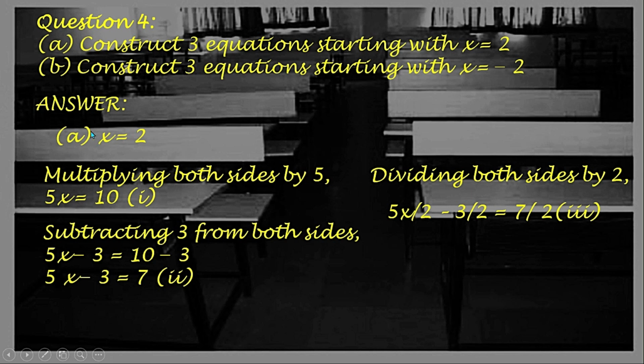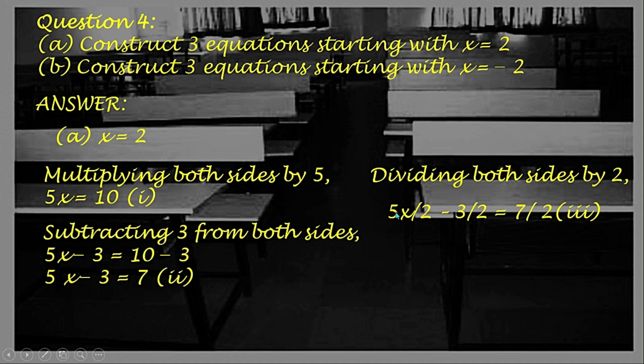Multiply by 5 both sides: 5 into x is 5x, and 2 5s are 10, so 10 is here. In the second step, what we have done is subtracting 3 from both sides. In this equation we are going to subtract 3. So 5x minus 3 is equals to 10 minus 3. So as a result, what we will get here is 5x minus 3 equals to 7.